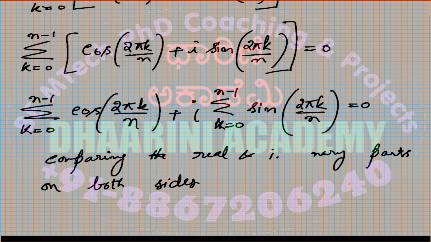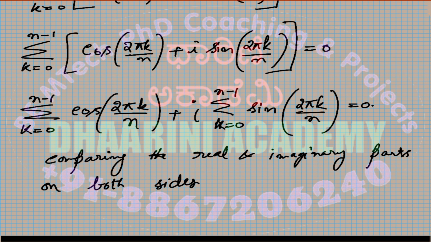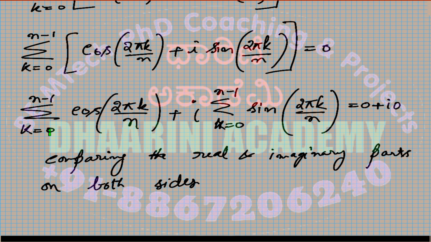Okay, real and imaginary on both sides, which means I'm trying to compare like this. I'll write this as 0 plus I times 0. 0 plus I times 0 is 0. So that means real parts, when you compare, this is a real part because it has no I. This has to be equated.